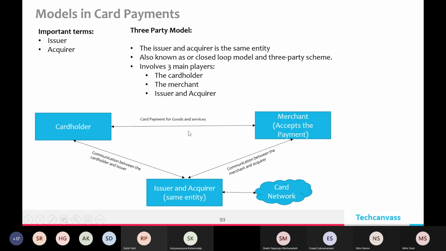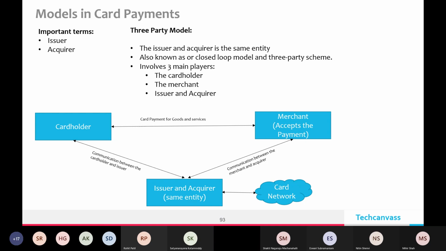Okay, so how does this model work? Here is the card holder, on the left side you can see, and the card holder bought certain items from the merchant and made the payment through card. The merchant has accepted the payment, and then the merchant sends the communication to the merchant bank, and effectively the merchant bank and acquiring bank are the same.